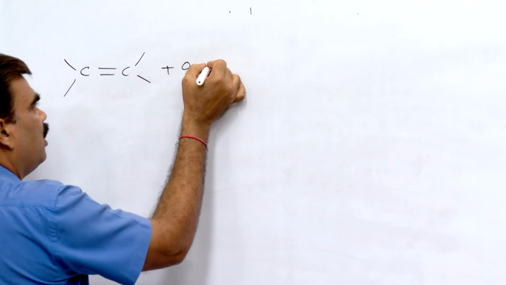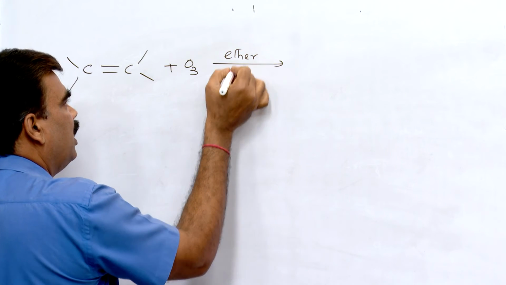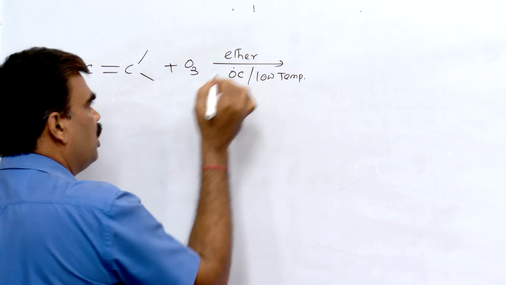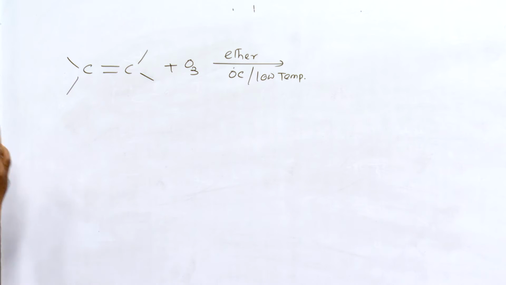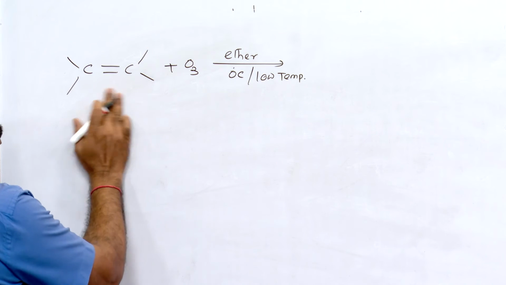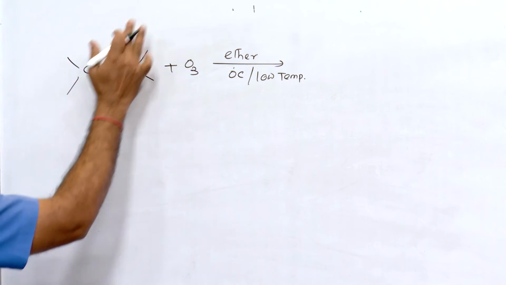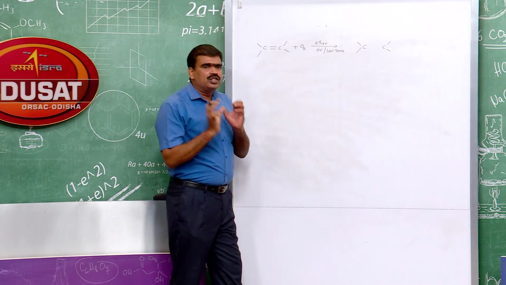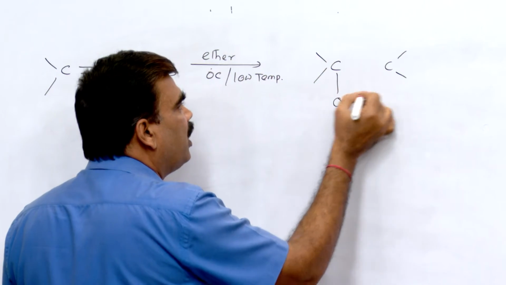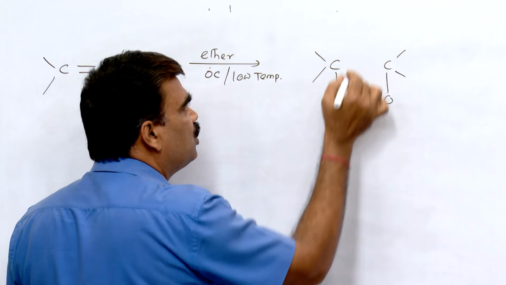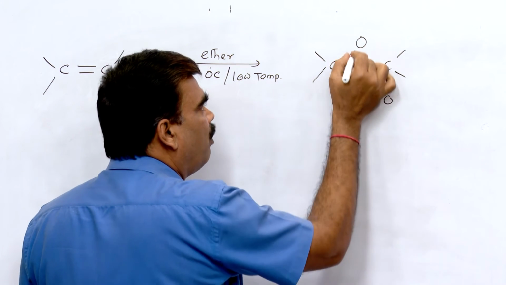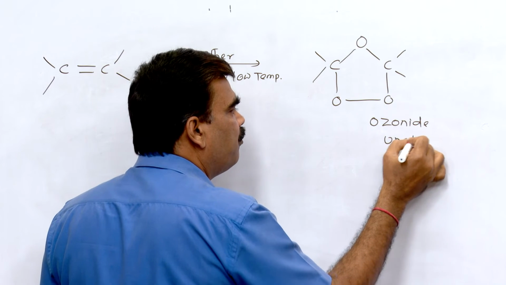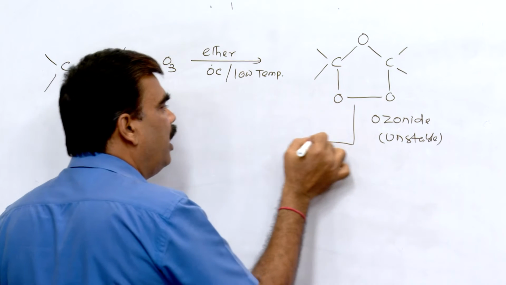And when treated with ozone in ether medium at 0 degrees Celsius or low temperature, because ozone is unstable at high temperature, you have to maintain low temperature. How to write the intermediate? Look, remove the double bond, here is C and here is C. In ozone you have 3 oxygen atoms. How to write it? Bring 1 oxygen here, 1 oxygen here, one oxygen below it and one oxygen below that, and put one oxygen between the two and combine them. That is called ozonide. This is highly unstable, and this ozonide undergoes reductive cleavage.